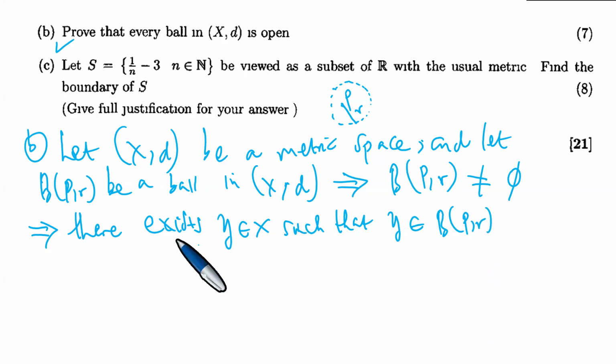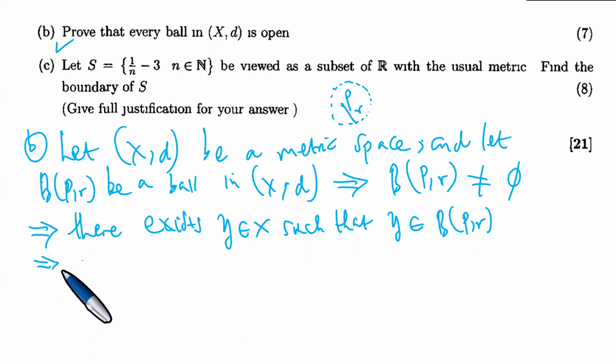Why is it that this y exists? How sure are we that we can get a y from the ball? Because the ball is non-empty, so it contains at least a point, and we call that point y. This is good news for us because it has implications.